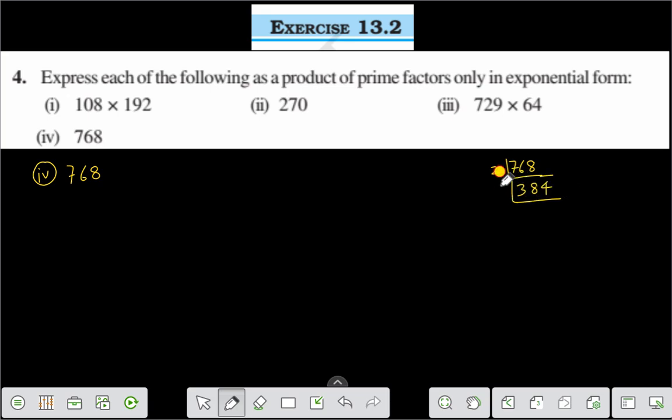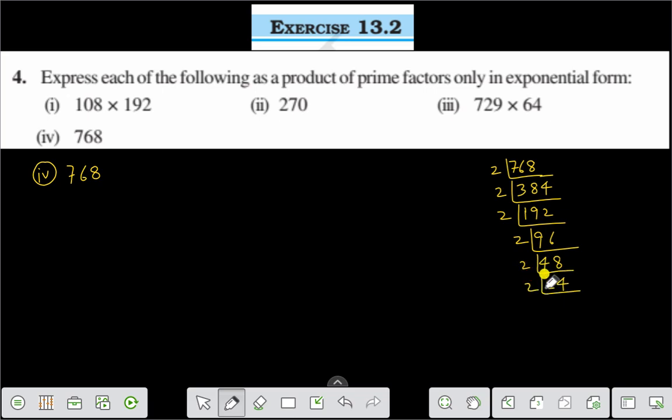Again divided by 2. 2 9 is 18, 2 2 is 4. Again divided by 2. 2 9 is 18, 2 6 is 12. Divided by 2. 2 4 is 8, 2 8 is 16. By 2. 2 2 is 4, 2 4 is 8.